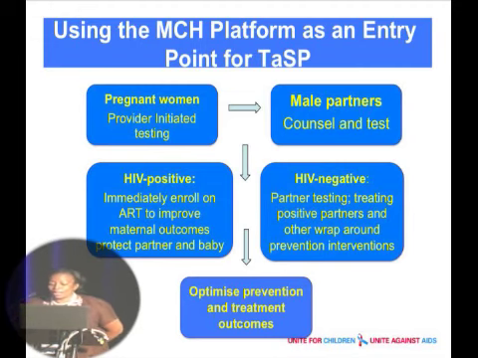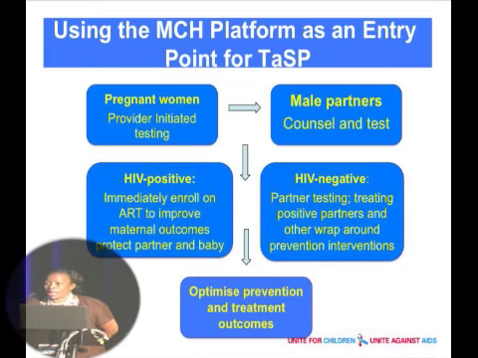And then going down, we're talking about what we do with the HIV positive pregnant woman. I think the approach here is that we want to give them what is optimal for them, what is optimal for their child, and what is optimal for their partner. So basically, ART could improve all these outcomes. And then we look at the negative woman.